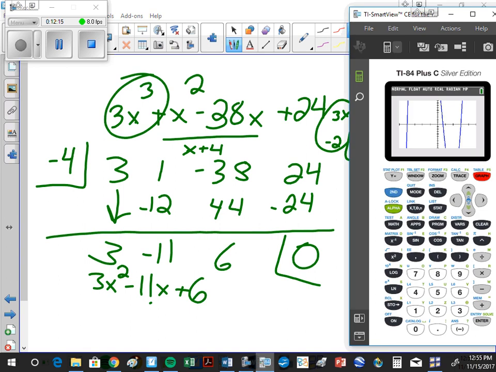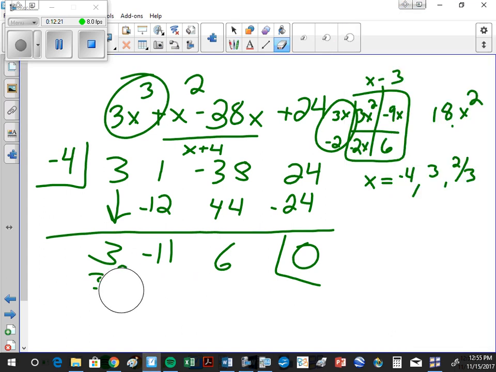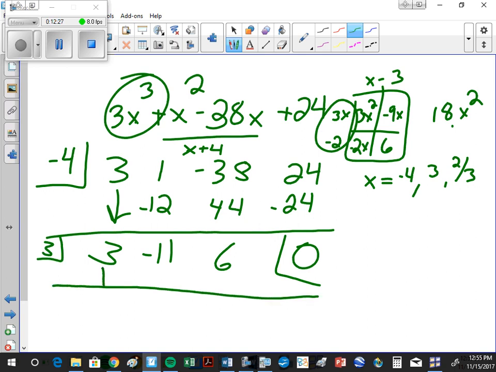I knew that one of my other answers was 3, so let's just do synthetic division with 3 and see what happens. I put 3 in the corner, drop the 3, 3 times 3 is 9, 2, negative 2, negative 6, and 0.